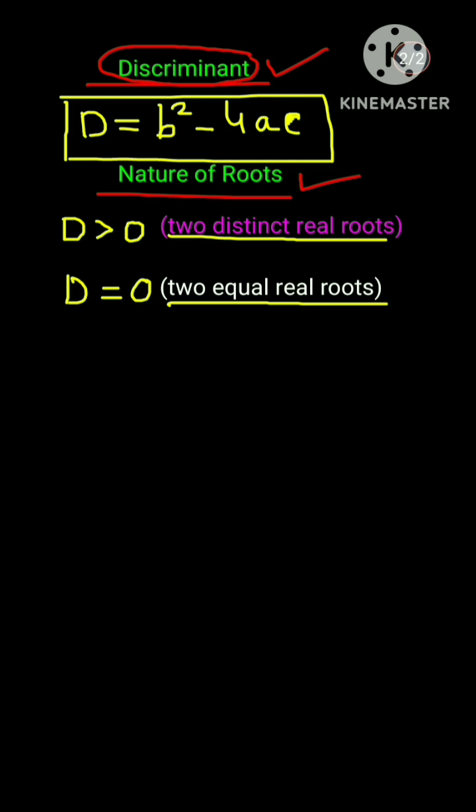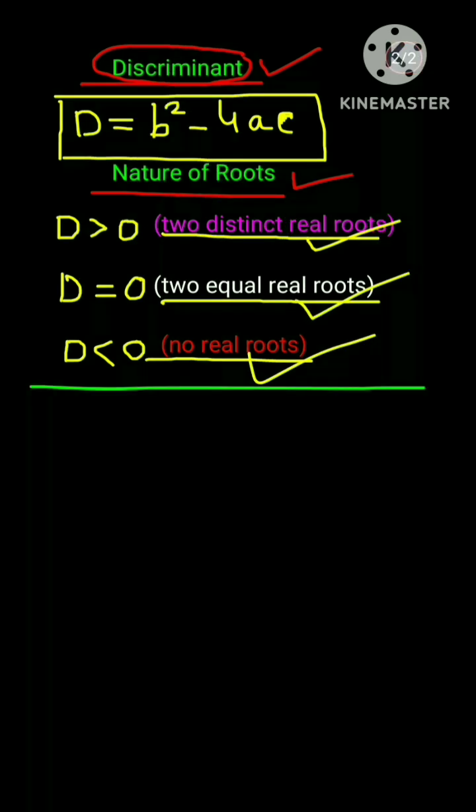But if discriminant is less than 0, then there will be no real roots, right? In this way, discriminant helps to identify whether a quadratic equation has two distinct real roots, two equal real roots, or no real roots, right?